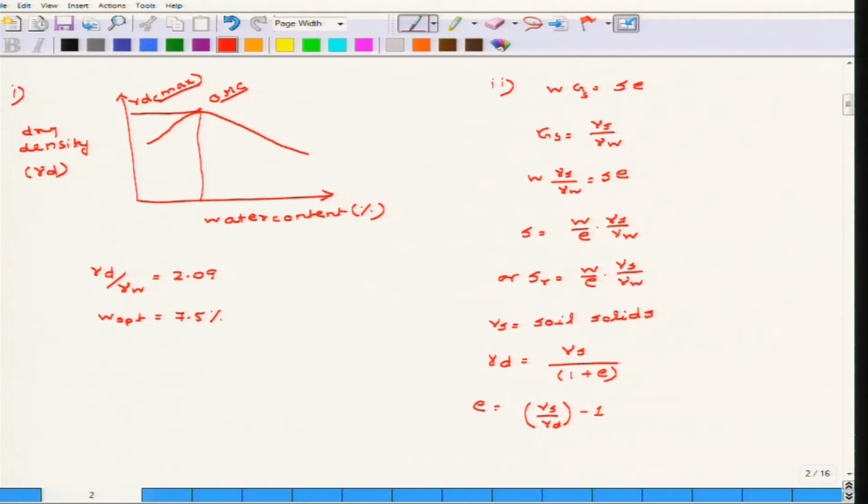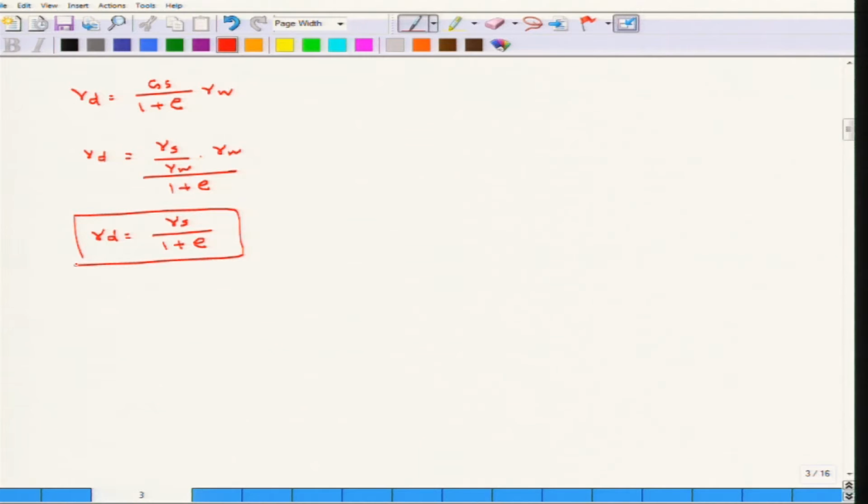It is from the general relation that gamma D is equal to G by 1 plus E, into gamma W. So we write that gamma D is equal to gamma S by gamma W into gamma W by 1 plus E. So gamma D is equal to gamma S by 1 plus E. From here we obtain that E is equal to gamma S by gamma D minus 1. So we can also write 1 by E is equal to gamma D by gamma S minus gamma D.